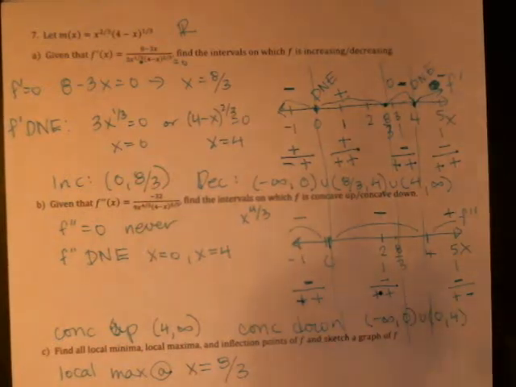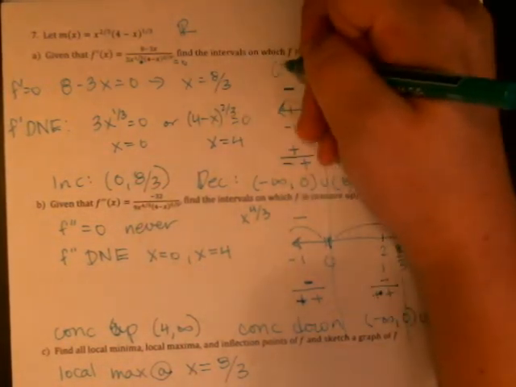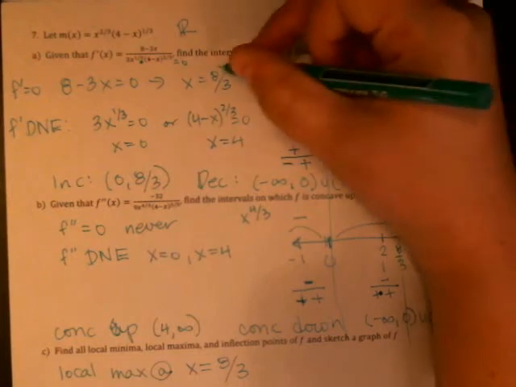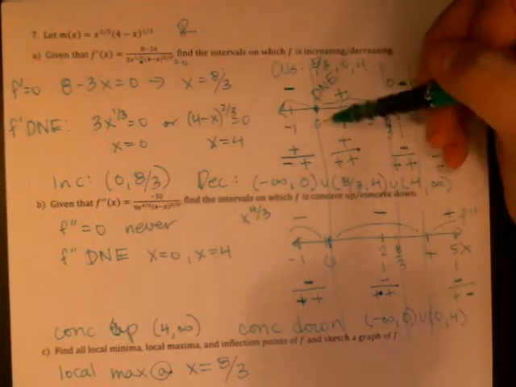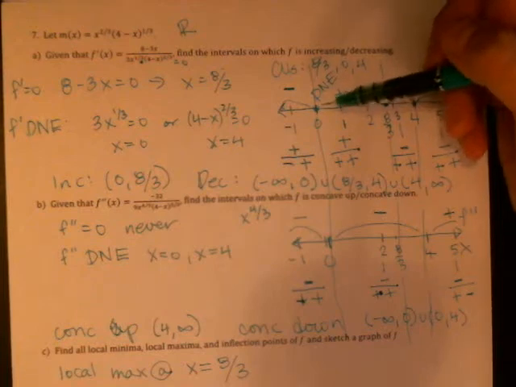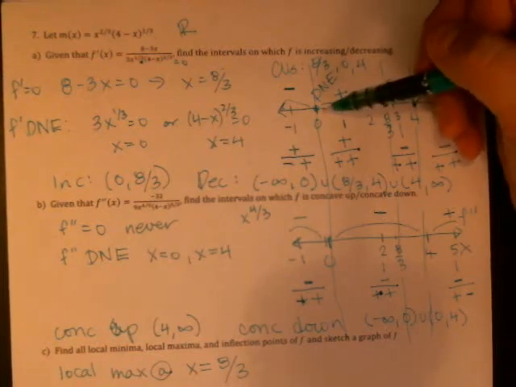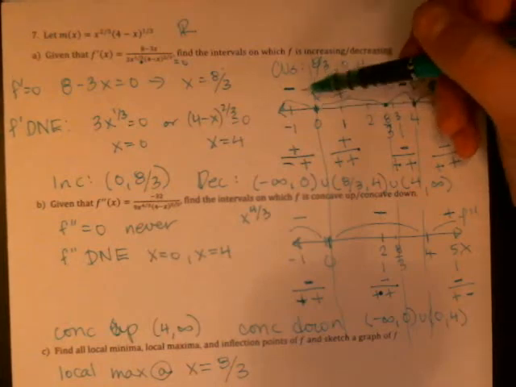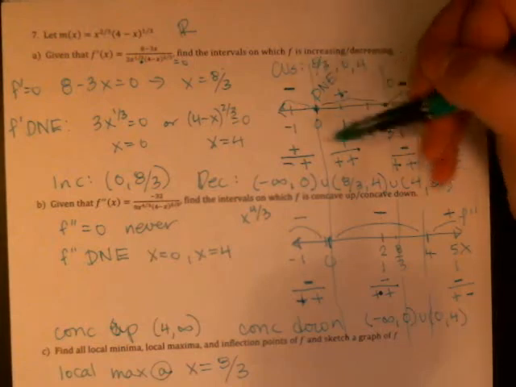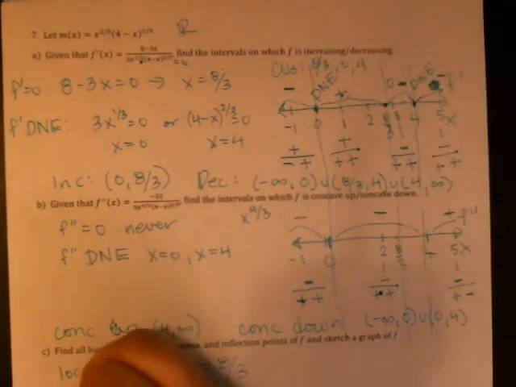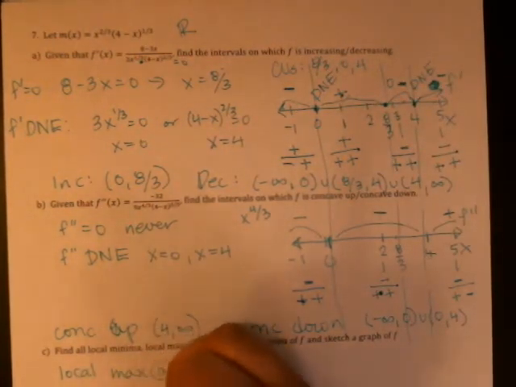And then let's check these other critical values, right? So our critical values were 8/3, 0, and 4. So at 0, what do I want to say here? The function is defined everywhere, so there is a point at 0. The derivative switches from negative to positive, so it's decreasing and then increasing, so that appears to be a local min.